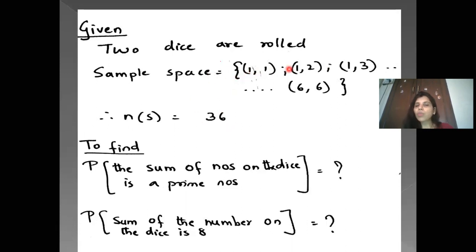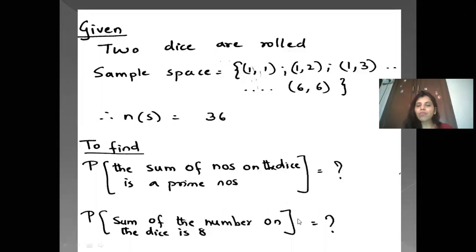So 1, 1 and all this we have done before. So that's the sample space, and the number of sample spaces is 36. So you have to find the sum of the numbers on the dice being a prime number. And second, you have to find the sum of the numbers on the dice being 8.